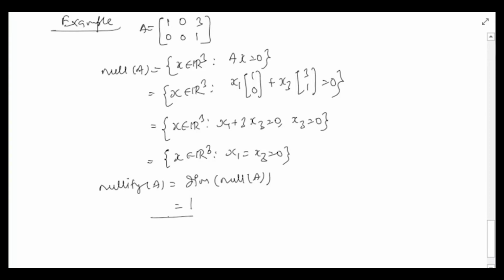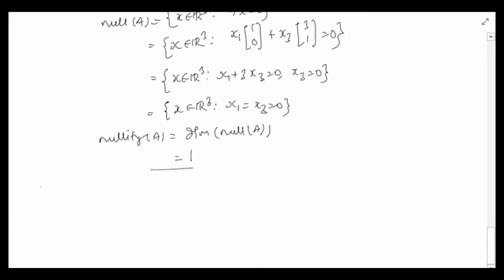The next notion that we will see is range of A. For a matrix A, which is an m cross n matrix, its column space is often referred to as its range.